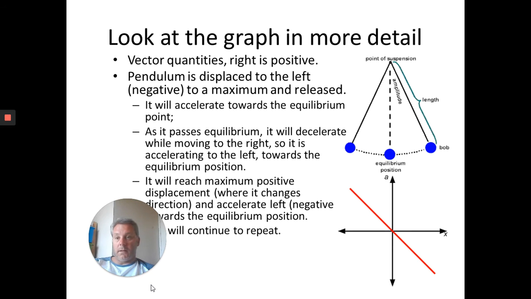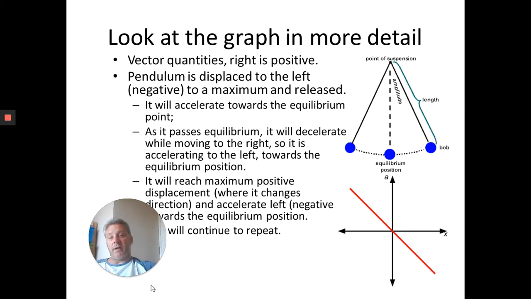Now, if we look at our graph there in more detail, we can see that when the displacement is at its furthest negative, we've got the maximum positive acceleration. That's just showing what that little proportionality equation was showing us.